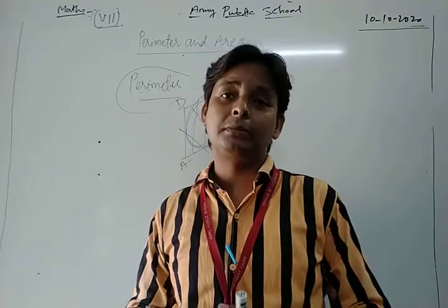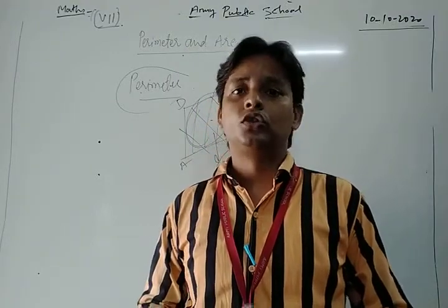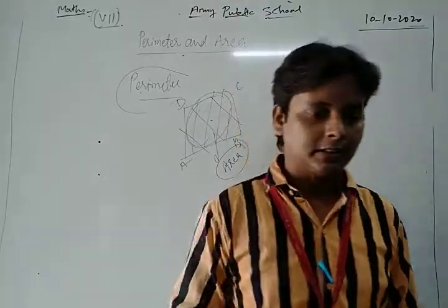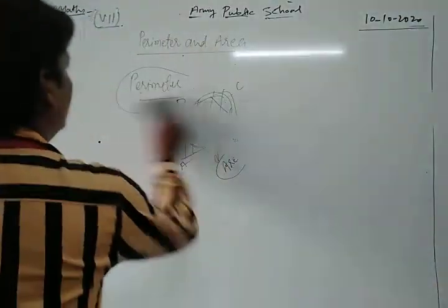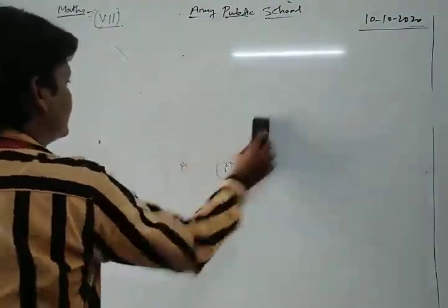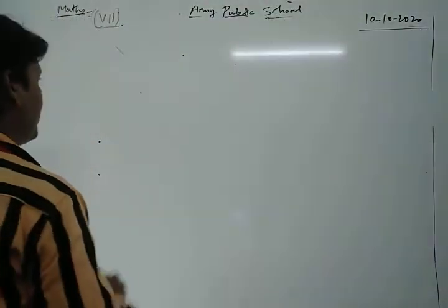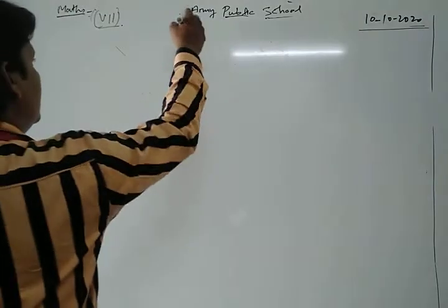Now we discuss the perimeter and area of some geometrical shapes involved in your chapter. First of all, we discuss the area of the parallelogram and triangle.